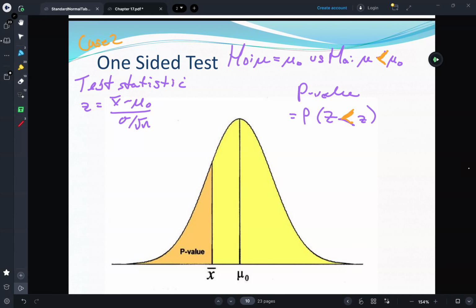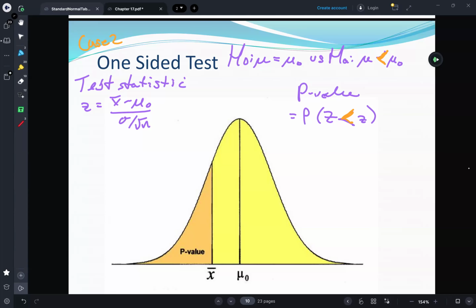Researcher then goes out, collects the data, and calculates the test statistic. X bar, subtract mu naught, divide by sigma over square root n. We get a number. The test statistic, z, is a number. We plug that into our p-value, and we look that up on our table, right? Because the test statistic is really a z-score.